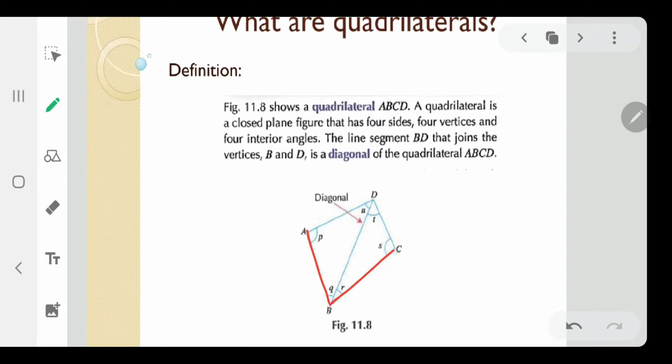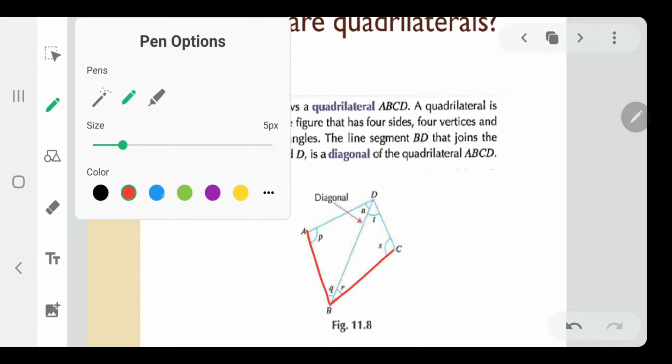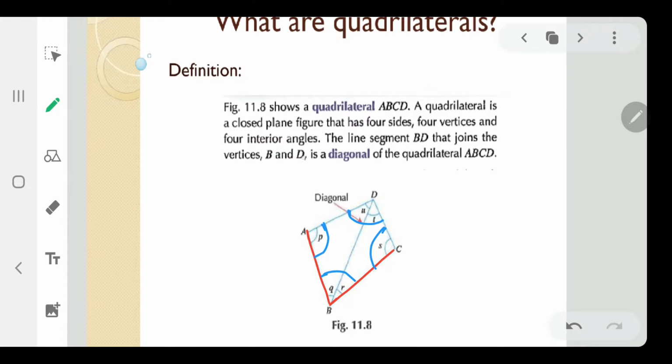This is vertex B, vertex C, vertex D, and vertex A. And we can also find four interior angles. This is one interior angle, another, the third, and this is the fourth interior angle. So this diagram has four sides, four vertices, and four interior angles.